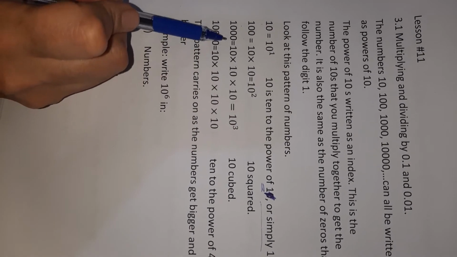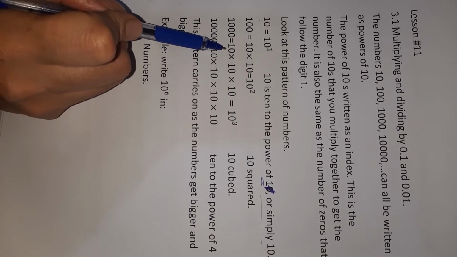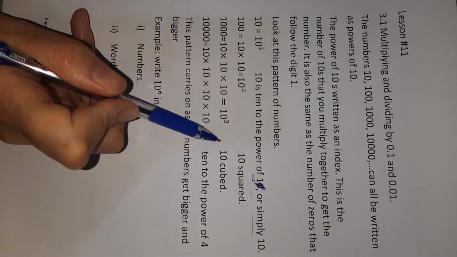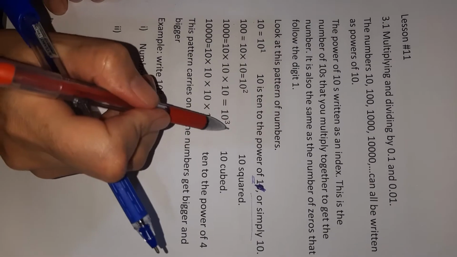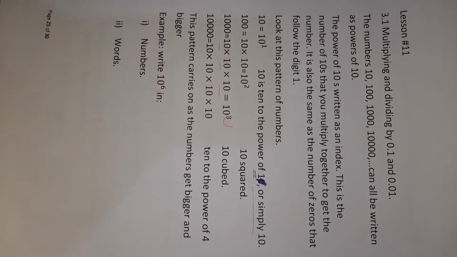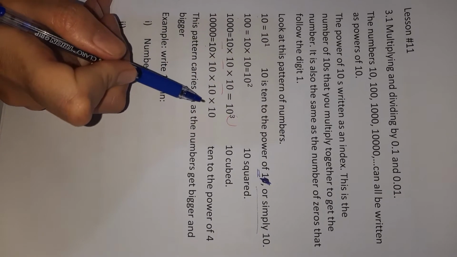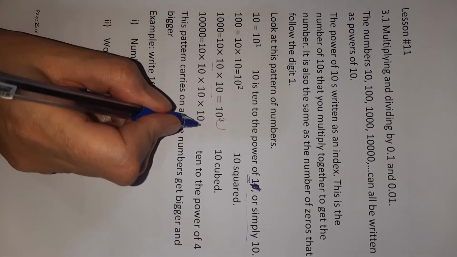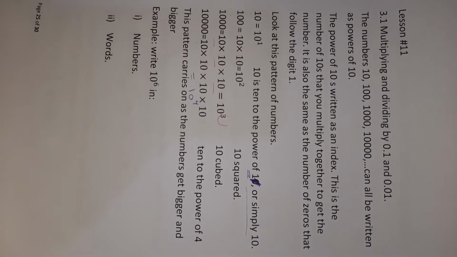Another example, 1,000, is the same as 10 times 10 times 10, which equals 10 to the power of 3, or 10 cubed. Why cubed? Because here we have 3 tens. 10,000 is 10 times 10 times 10 times 10, 4 times, so 10 to the power of 4.